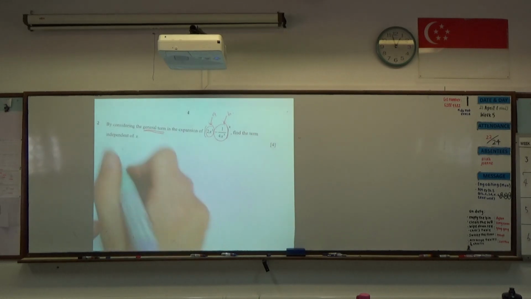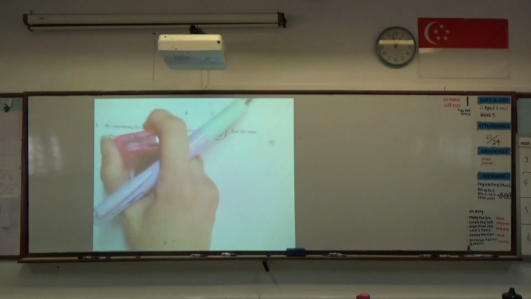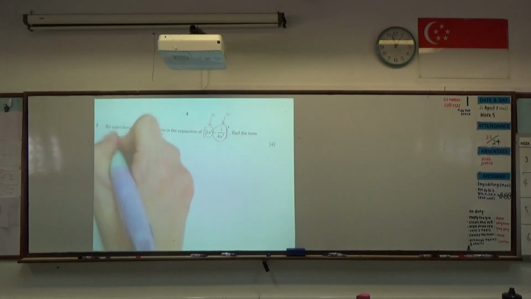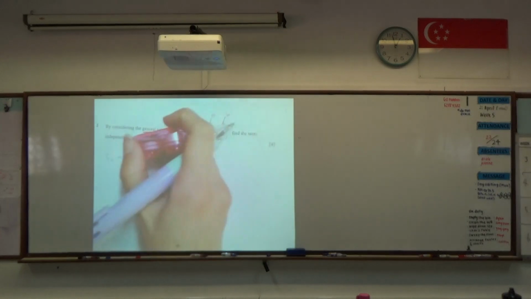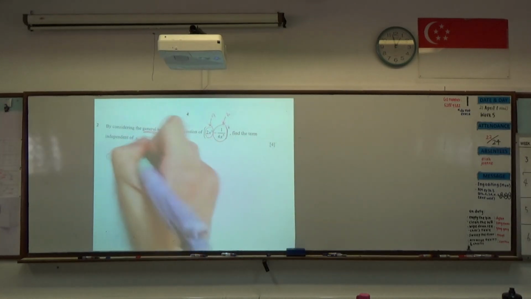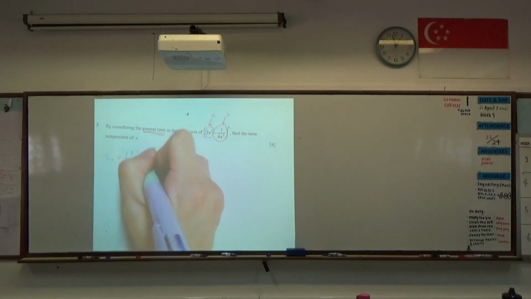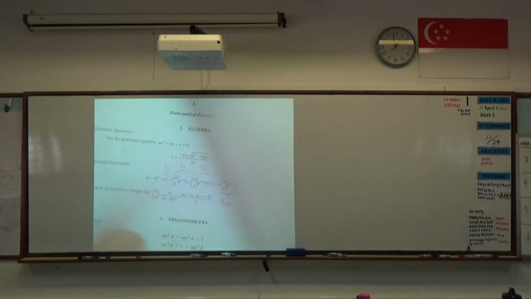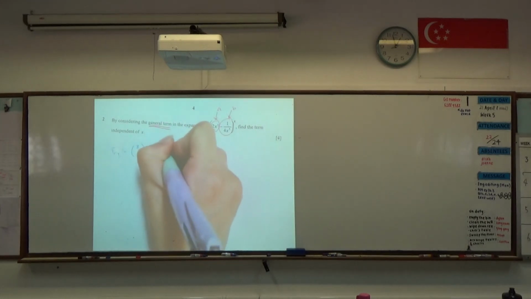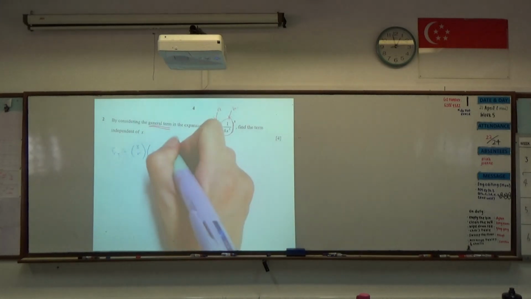So that means, let's use a blue pen. Our T r plus 1 is equal to 8 choose r, where N is 8. Then A is your 2x cubed to the power of N, which is 8 minus r.